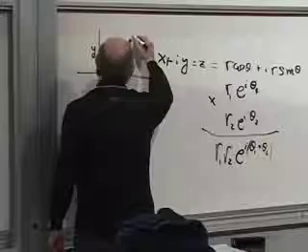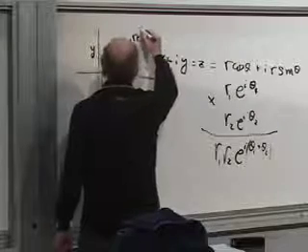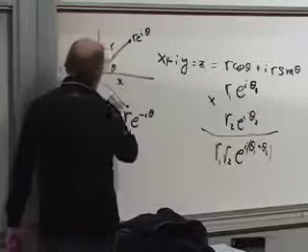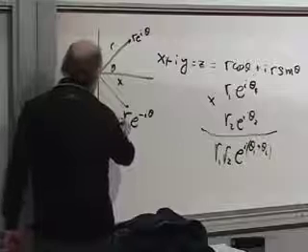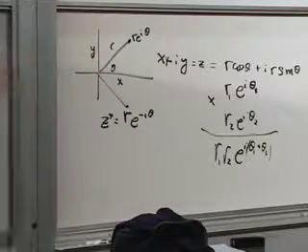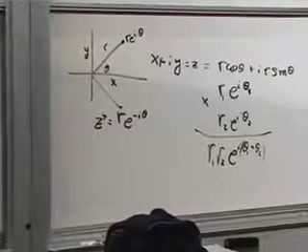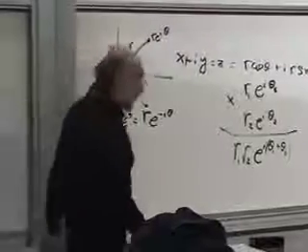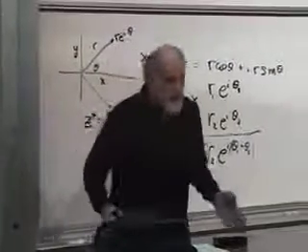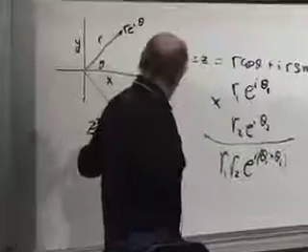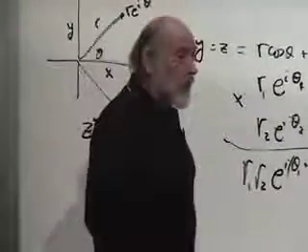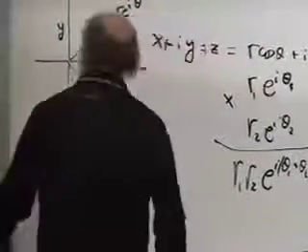So whatever z is, r e to the i theta, z star is r e to the minus i theta. Now, in particular, there are special numbers, which are called just pure phases, special complex numbers, for which r is equal to 1. They are the numbers which lie on the unit circle.